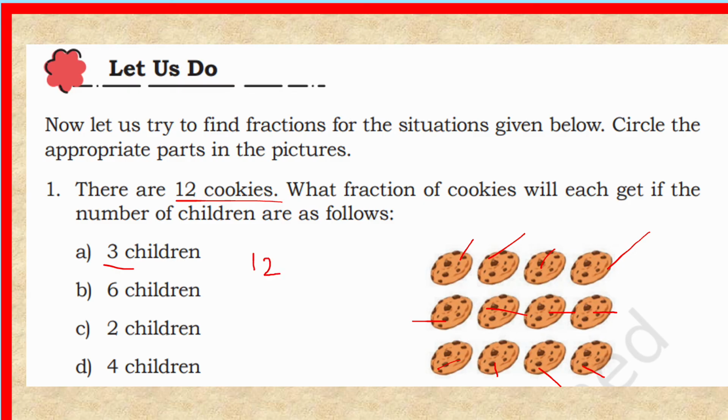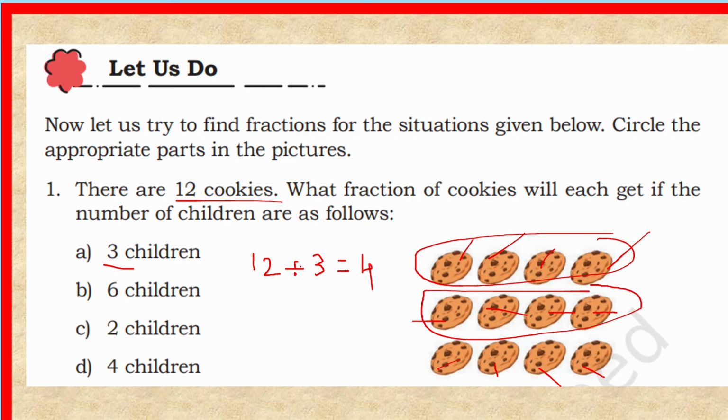What is 12 divided by 3? 12 divided by 3 is 4. So, each child will get 4 cookies. First child, second child, third child.